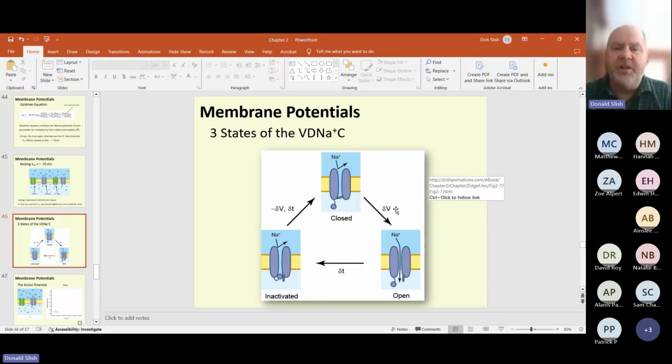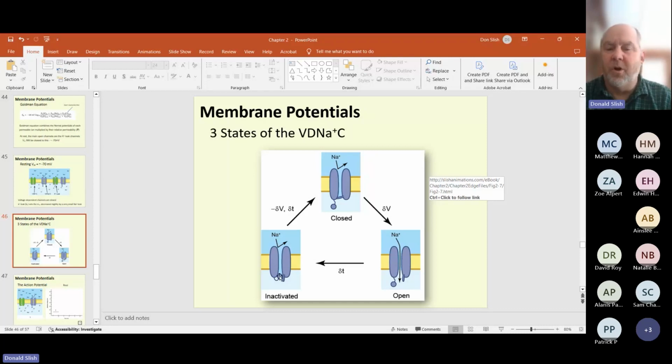Now, when the voltage changes, when you depolarize the cell, that's going to open this voltage gate. And then the sodium channel goes from closed to open. Once it's in this open state, it's got a certain time factor before it's going to go to inactivated. So this is time. You've depolarized the cell, and over a period of about, I'd say, 1 to 2 milliseconds, the sodium channel is going to flicker open and closed a few times, and then it's going to go into this inactive state.